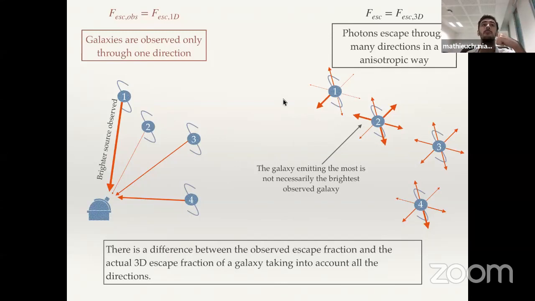There may be a difference between the fesc 1D, which is the escape fraction you measure through one direction, and the fesc 3D, which is the escape fraction you calculate if you take into account all the directions. And so the question is, okay, can I estimate the 3D escape fraction if I look at a group of galaxies only through one direction, so with fesc 1D?